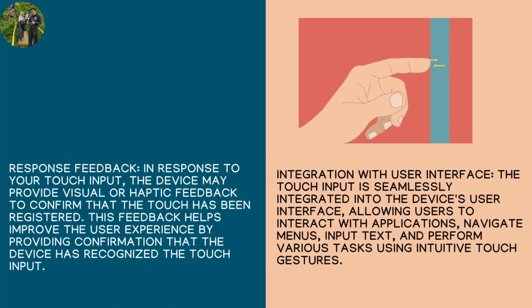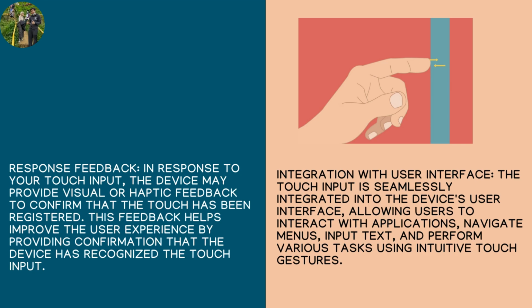The device may then provide visual or haptic feedback to confirm that the touch is being registered. This feedback helps improve the user experience by confirming that the touch input is recognized.